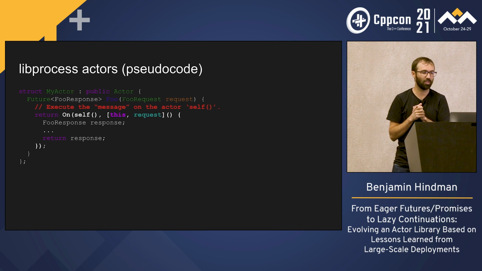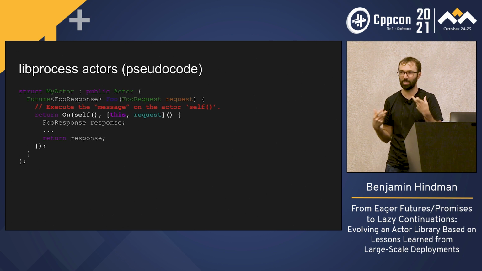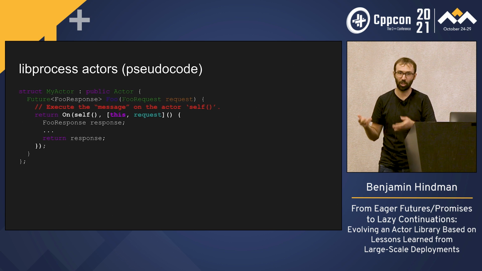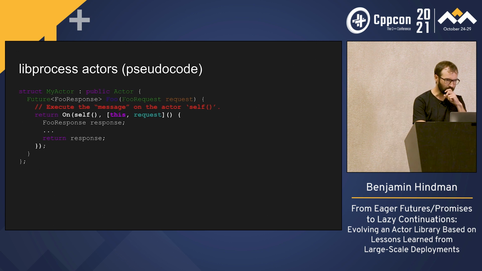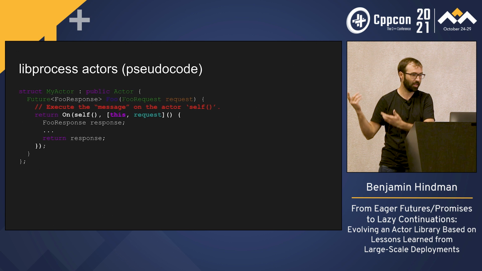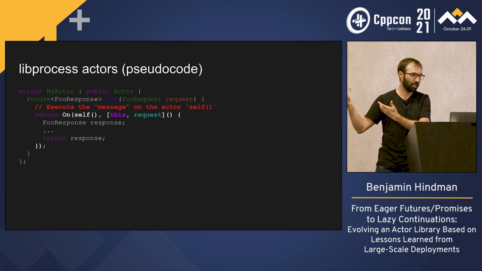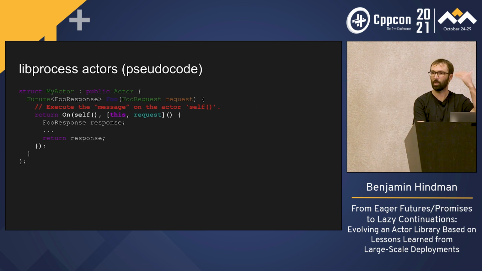And what on lets us do is enqueue the execution of this lambda in that mailbox, in that queue of incoming messages that I talked about actors having before, okay? So actors are as simple as, we'll say on ourselves. We'll execute this lambda when we get to it based on the entire queue, okay?